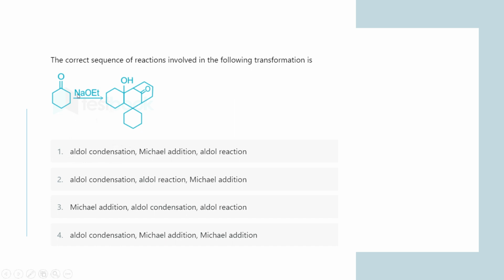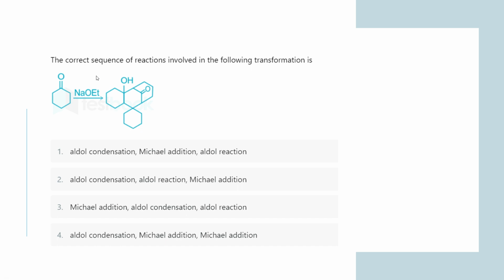So what will happen if this molecule undergoes aldol condensation with itself? First, it will abstract the acidic proton from this, and then it will react with a second molecule of cyclohexanone. Imagine a second molecule of cyclohexanone here, and this particular center will attack at the carbonyl carbon of that second cyclohexanone molecule.